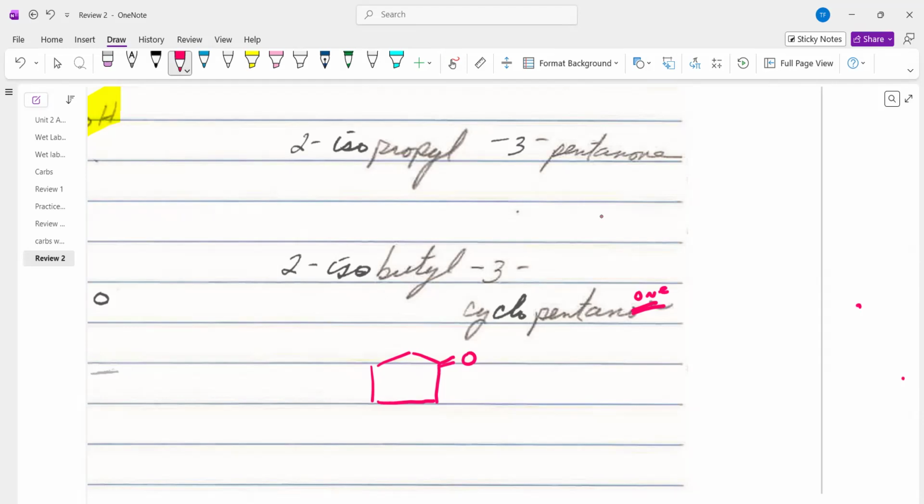Well, this name is screwed up. Same with this one. 3 should not be there, because it automatically is carbon number 1. Okay, then isobutyl.